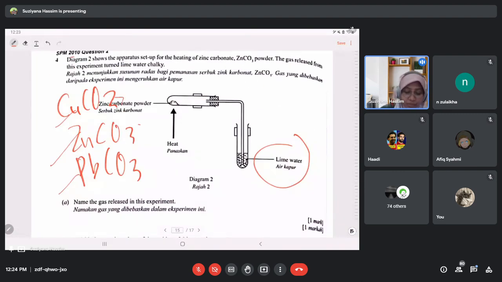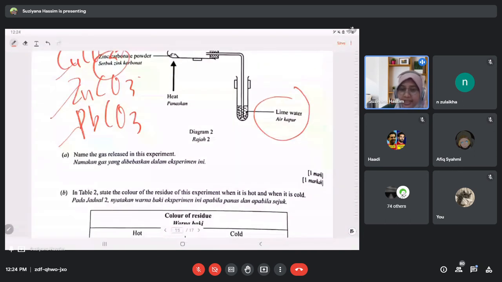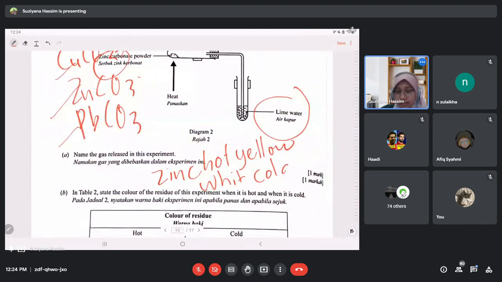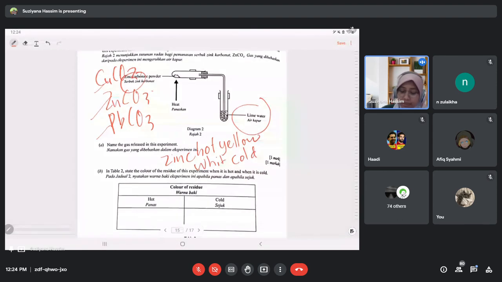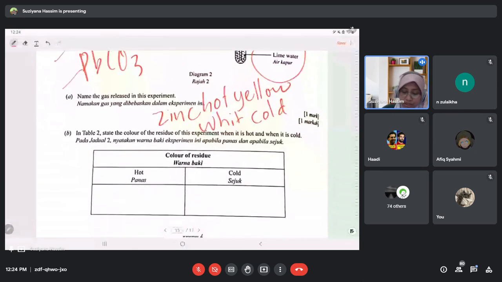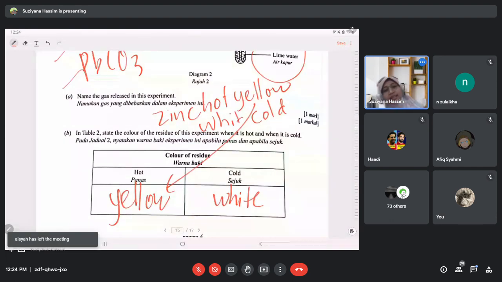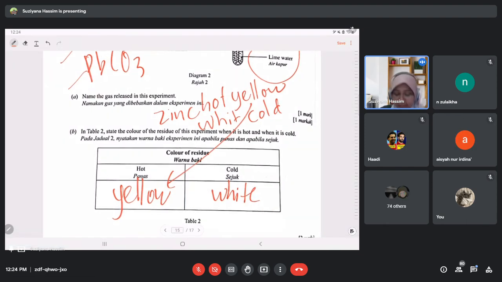Zinc hot, yellow; white, cool. Zinc hot, yellow, white, cool. Okay?